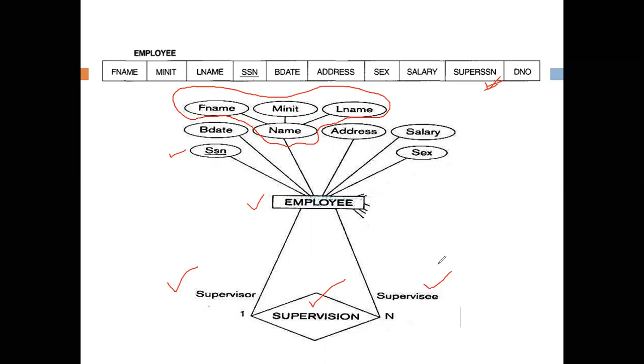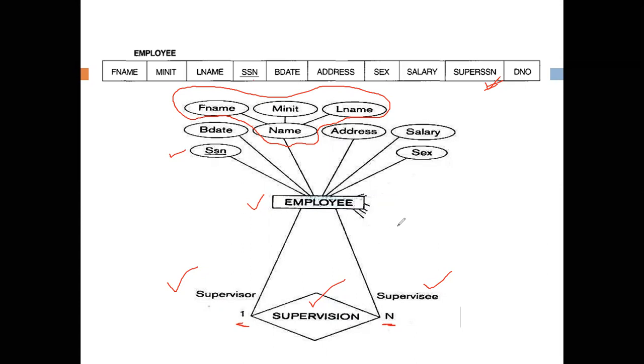This is an example of a recursive relationship, where an entity is related to another entity of the same type. If you observe here, there is a number indicated over here. Here, employee acting as a supervisor and employee acting as a supervisee.